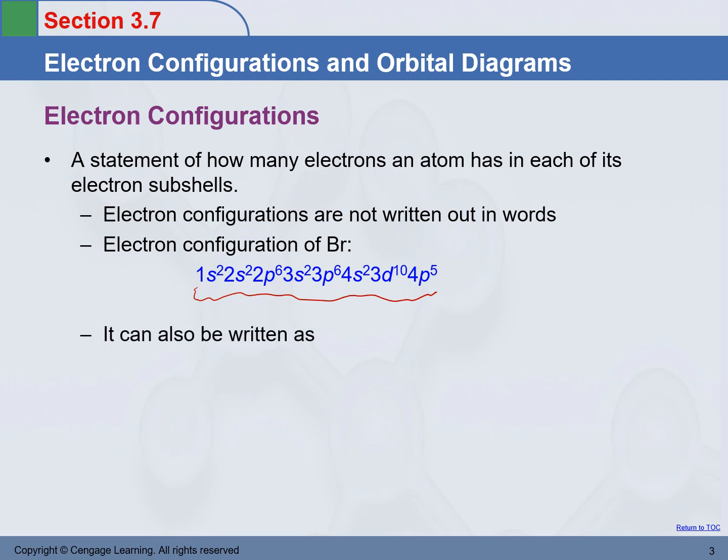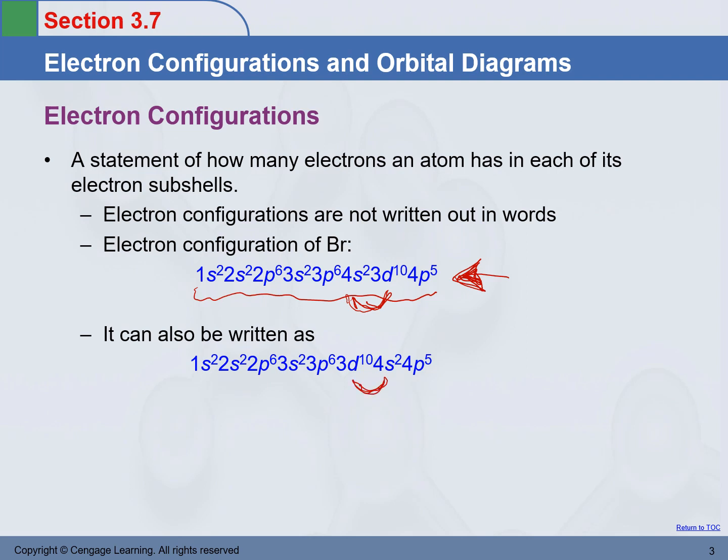This is the way our book writes the electron configuration of bromine. If you go online or look at some other study materials, you may see that some of them are written in this way. The difference is the sequence of 3d and 4s.